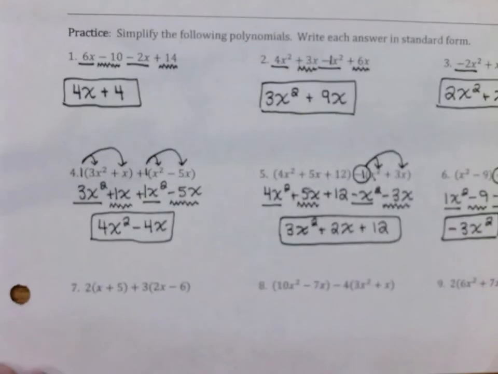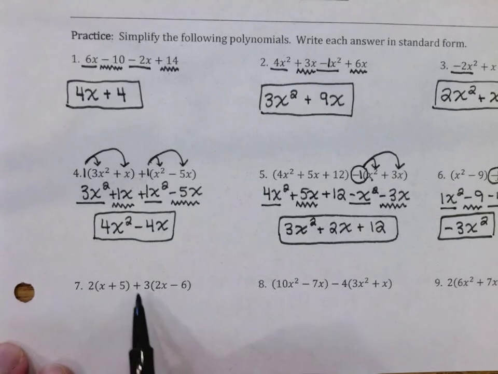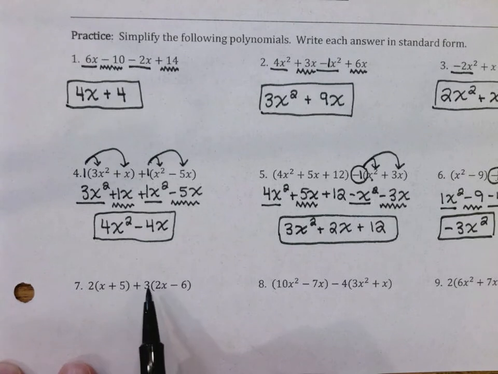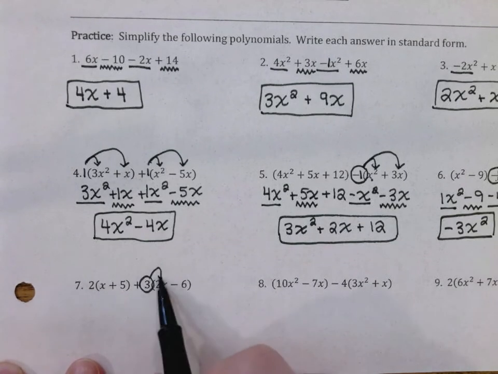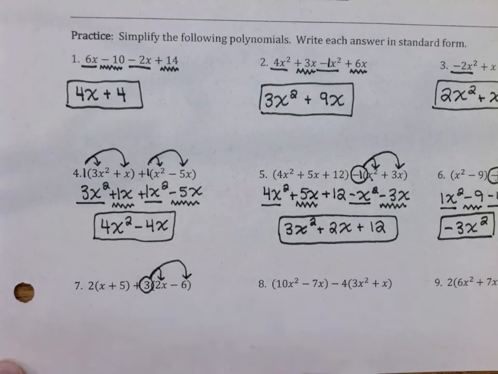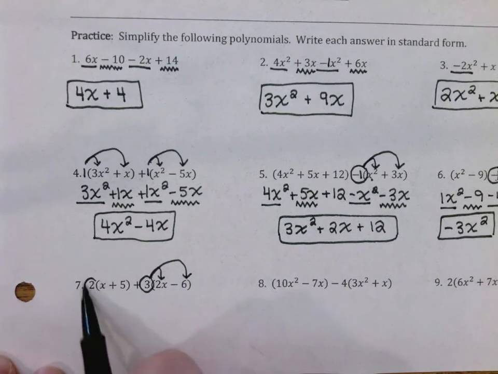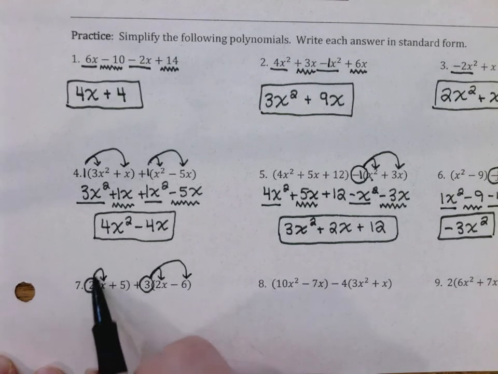Okay, let's go down to 7. So here I do have a plus sign in between, but it's not just a bare plus sign. There's this 3 here. So I have to take this 3 and distribute it to everything behind. All right. First expression also has a 2 that I'm going to have to distribute.